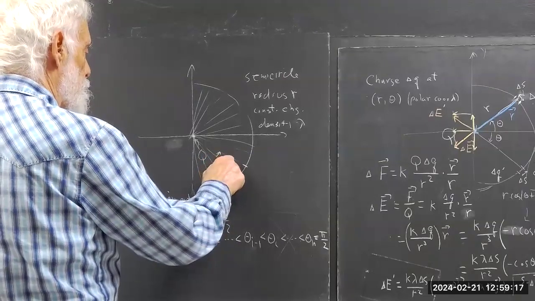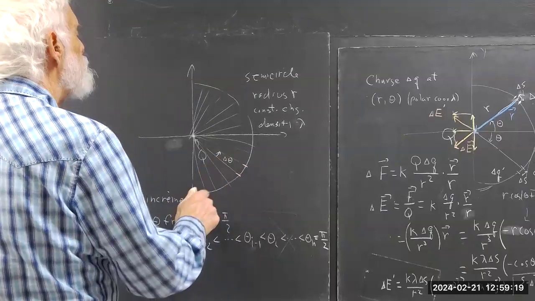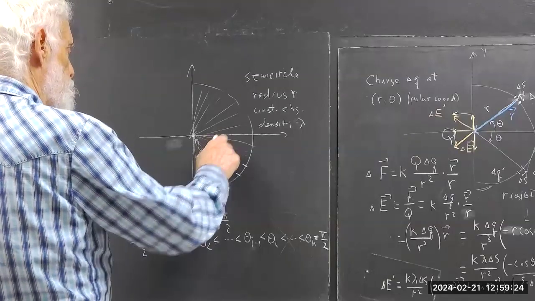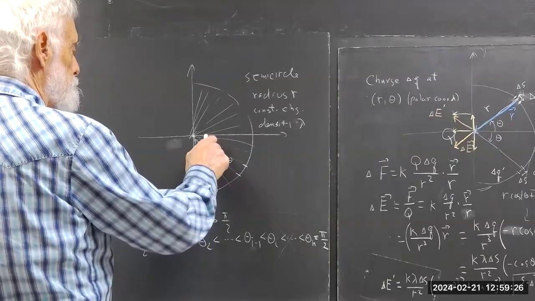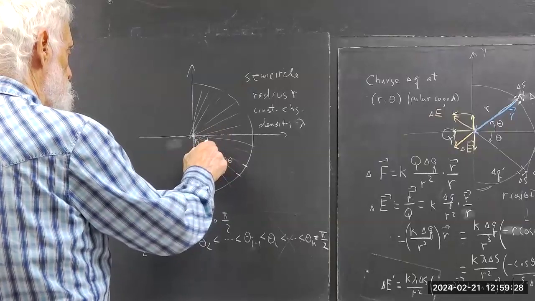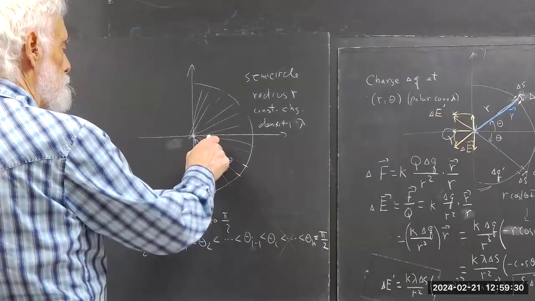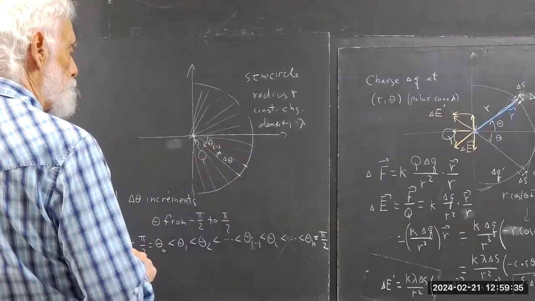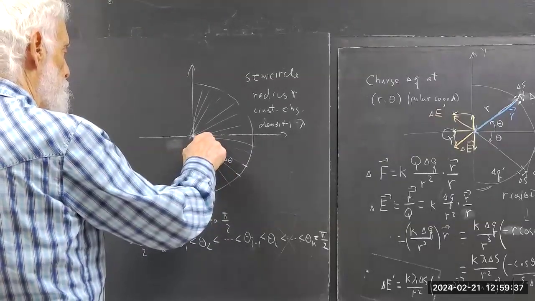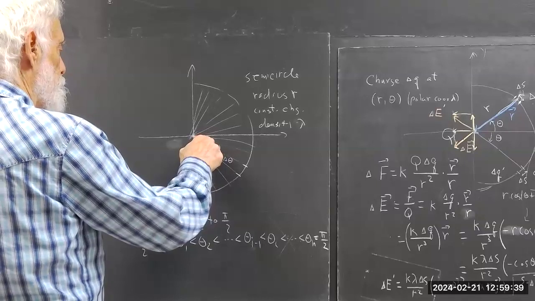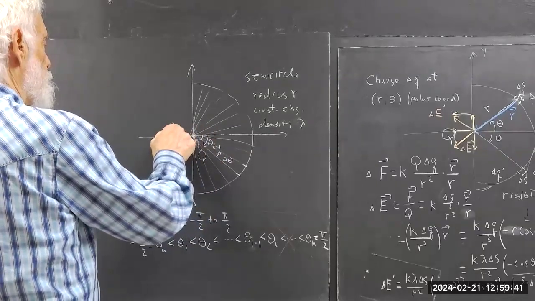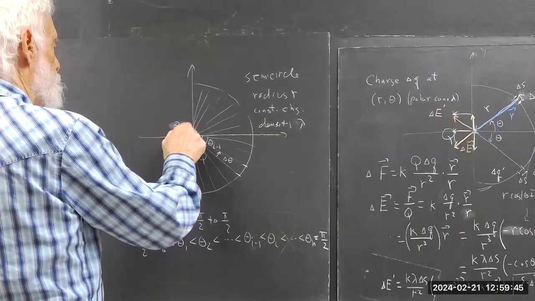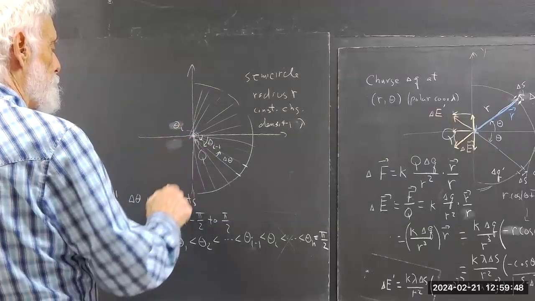Here we have delta theta. Here we have theta sub i minus 1. And here we have theta sub i.